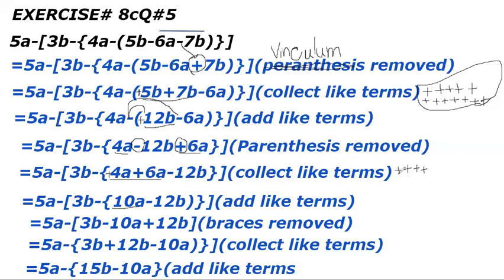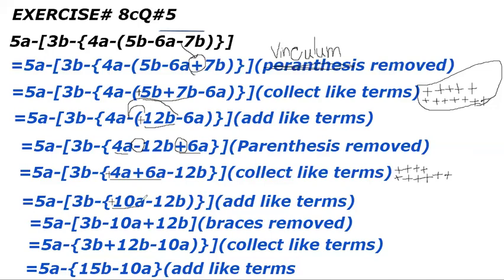Positive 6a means positive a 6 times: 1, 2, 3, 4, 5, 6. Add all these positive signs and it will give us 10. So positive 4a and positive 6a give us a positive 10a, and negative 12b as it is.